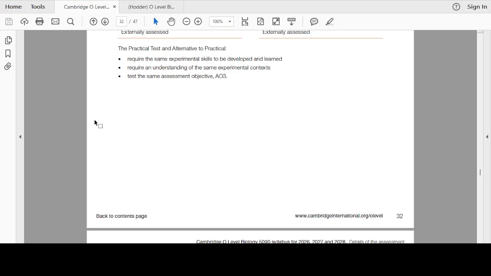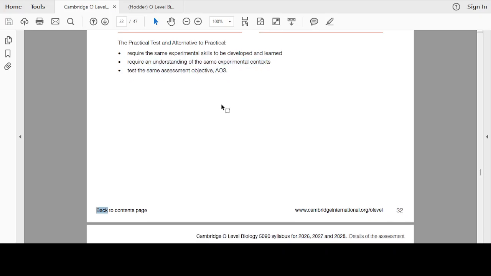So over here, the practical test and alternative to practical require the same experimental skills to be developed and learned, require understanding of the same experimental contexts, test the same assessment objective AO3. Okay.